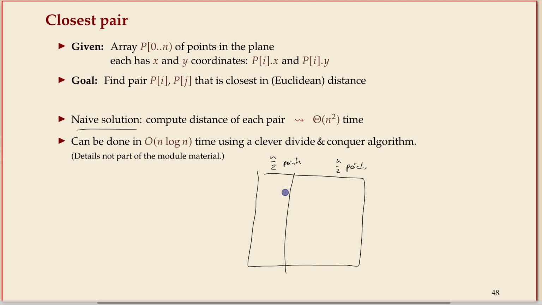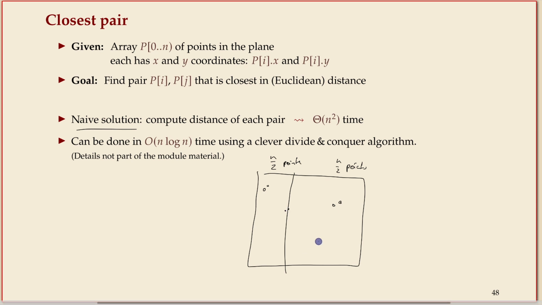Then you recurse on those two parts, and then you get back two pairs of closest points. Maybe two here. And let's say the other two are here. So you get these two candidates, and you can compute which one is closer. But you're not done, because there could be points that are just around the dividing line.